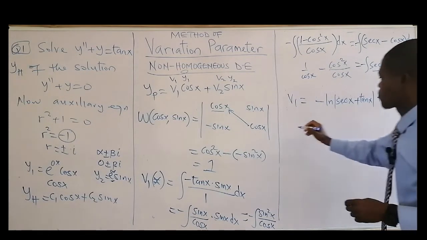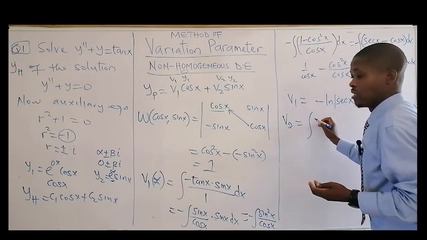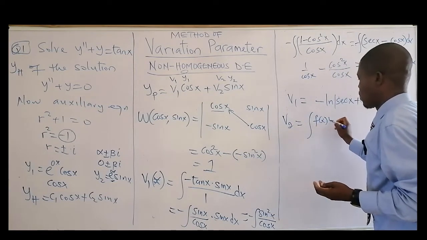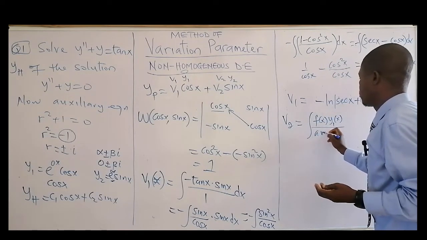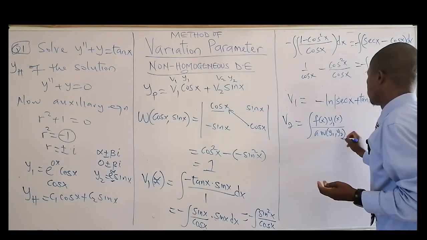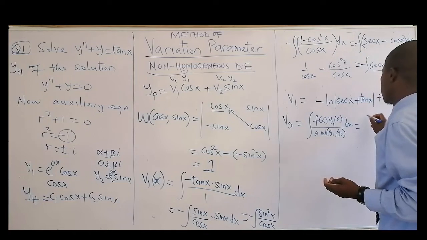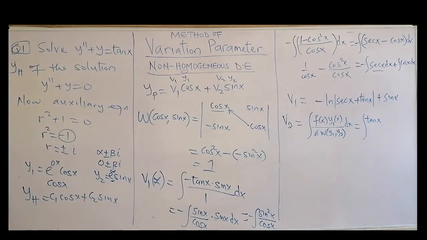Then let's get B2. The formula is the integral, there's no minus there, of f of x times y1 over the Wronskian, dx. f of x is tan x, and y1 is cos x, sorry, y1 is cos x. The Wronskian is 1.